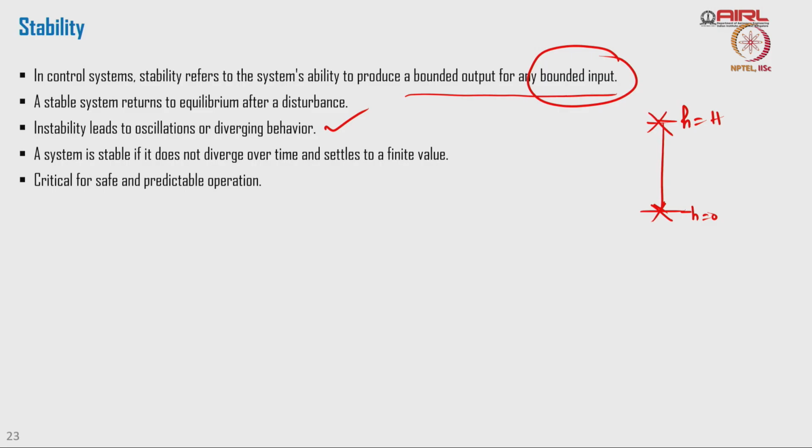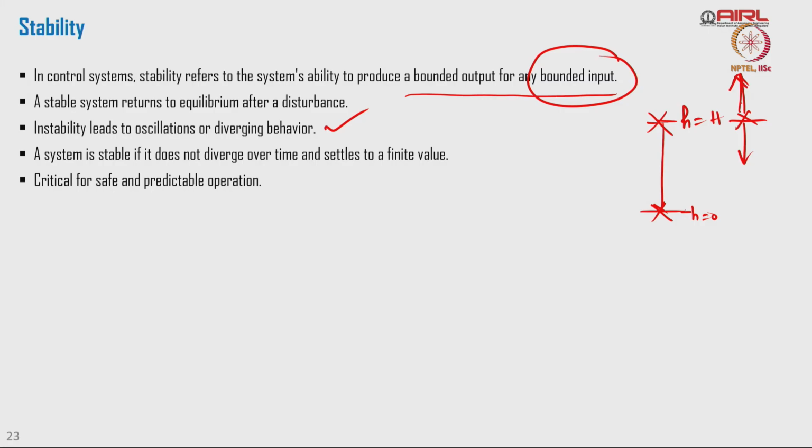However, if it is not a stable drone, or if the controller is not giving the stability aspect to the drone, then what might happen is that the drone will come to this height and then start going up and then coming down, something like this. If this kind of nature happens for some duration of time, it becomes an oscillatory response, which is not a stable response, and hence it is not desirable.